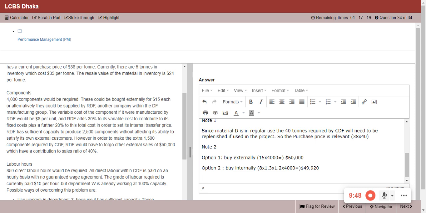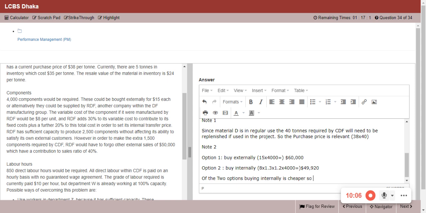So obviously, of the two options, buying internally is cheaper.